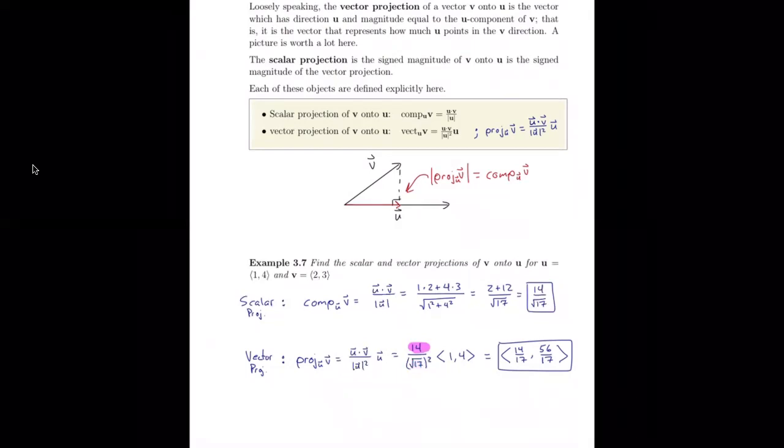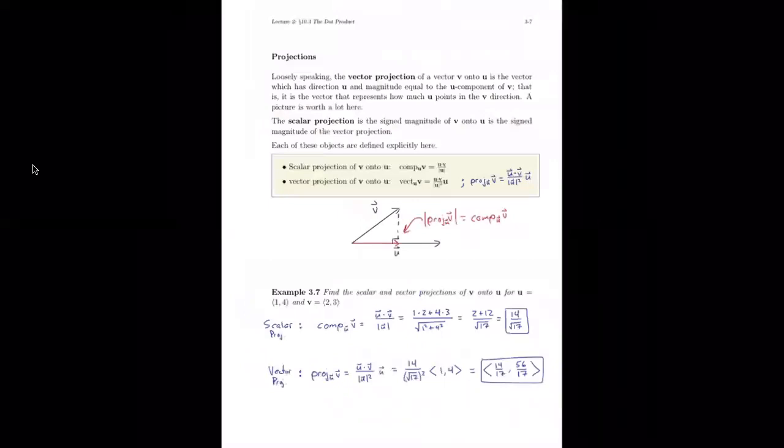And we multiply that scalar times the vector u. That's this component right here. When we're done with that, our vector looks something like this. Okay, and that's it, vector and scalar projections for v onto u or any vector onto another.